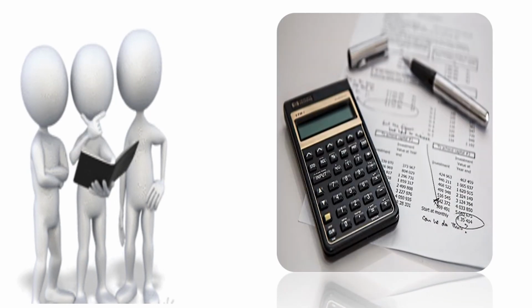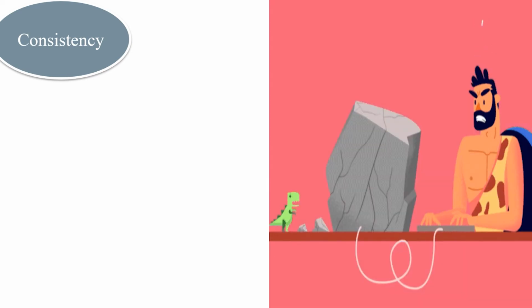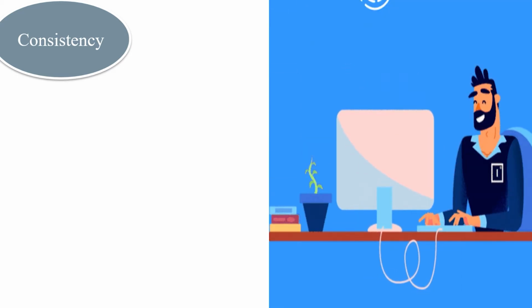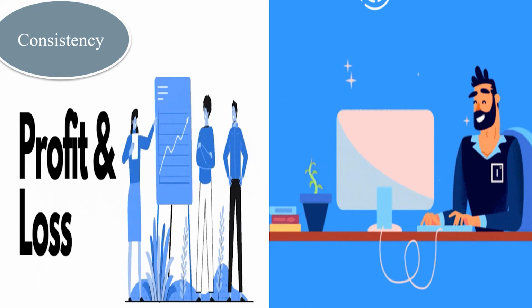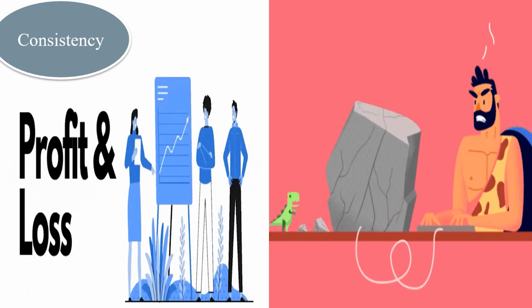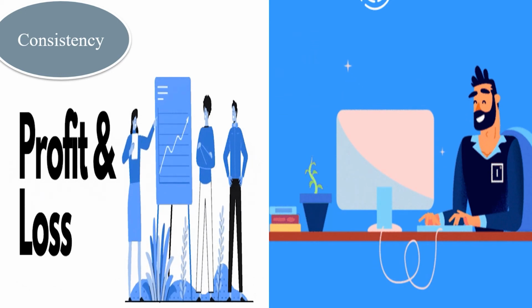Reliability of financial statements may be lost if frequent changes are observed in accounting treatment. Consistency also states that if a change becomes necessary, the change and its effects on profit or loss or the financial position of the company should be clearly mentioned.